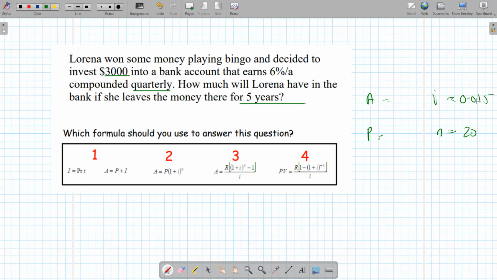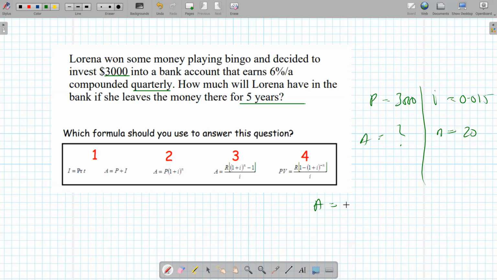What about between A and P? P is 3,000, sorry, not A. P is 3,000 and we're trying to find A. So it's a basic plug and chug. Do we need to use a RCL or a STO for this question? No, we don't, because we have everything that we need.